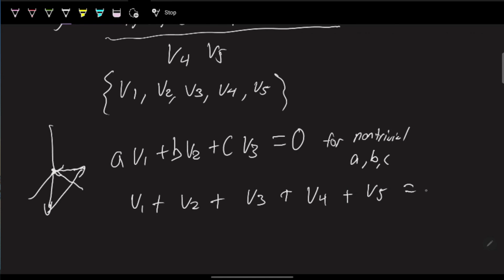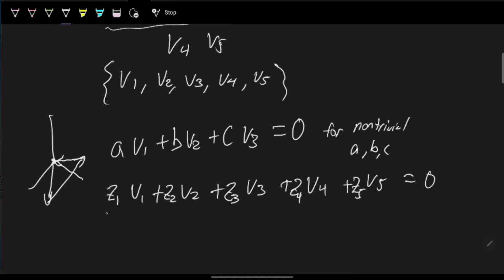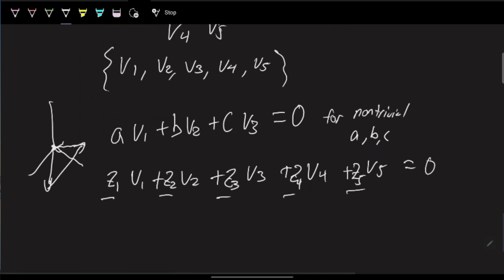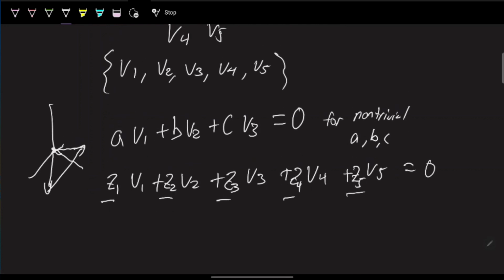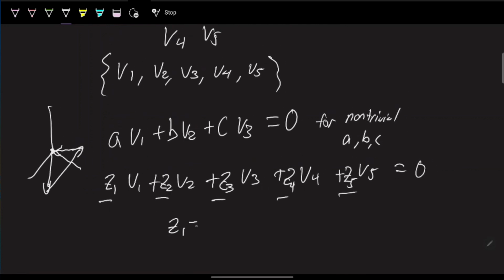So each of these is going to have a coefficient, and let's call those coefficients z1, z2, z3, z4, and z5. Basically, I'm asking you, does there exist a set of real numbers z1, z2, z3, z4, and z5 that gets this entire thing to add up to 0, other than the case where they're all equal to 0?